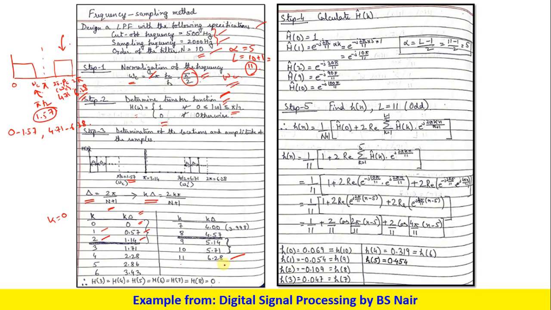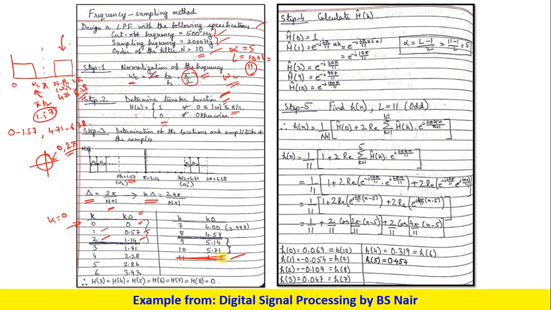However, in the z plane, we have seen that 0 and 2 pi are both the same point. Since we are taking 0, we will not consider the last point.